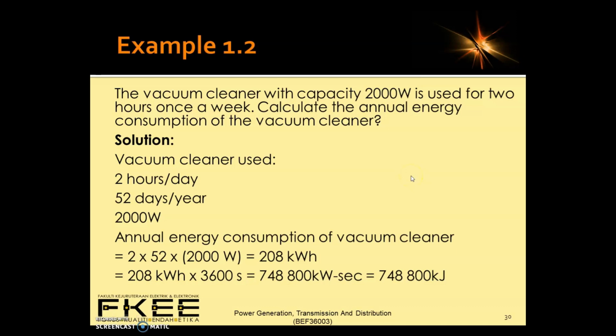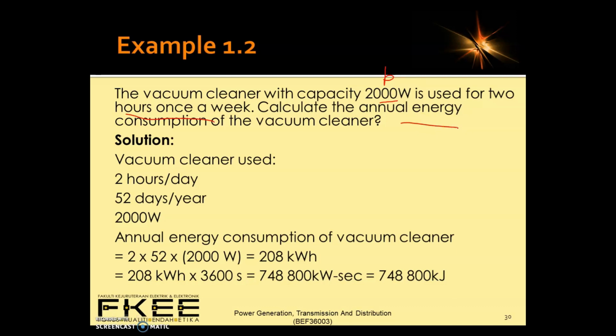Okay, we look at the next example, which is example 1.2. A vacuum cleaner with capacity 2000 watt, this one is the power, is used for 2 hours once a week. Calculate the annual energy consumption of the vacuum cleaner, or the yearly energy consumption.